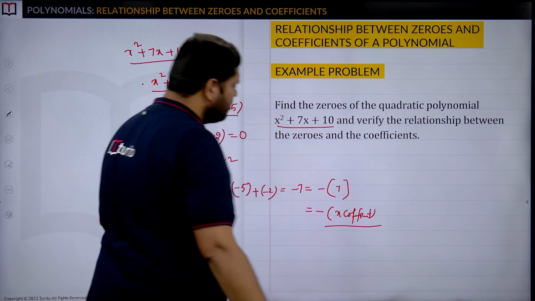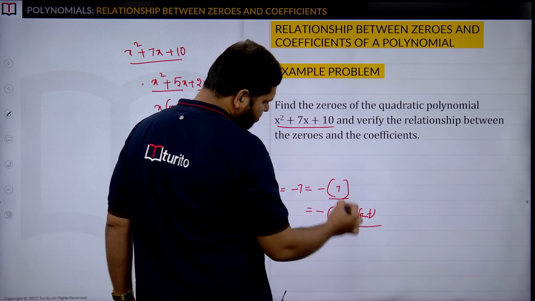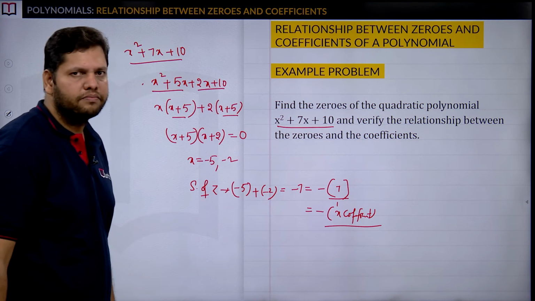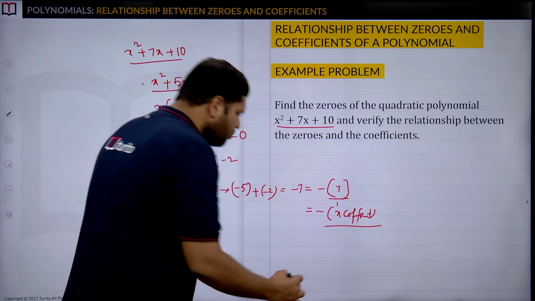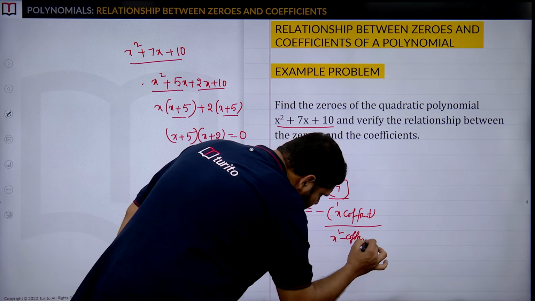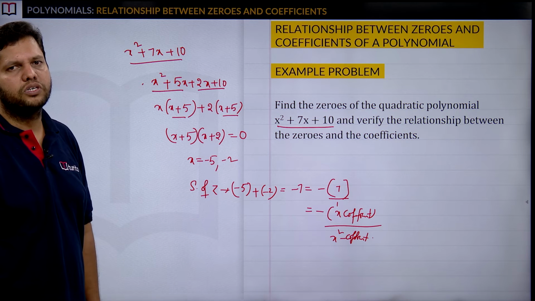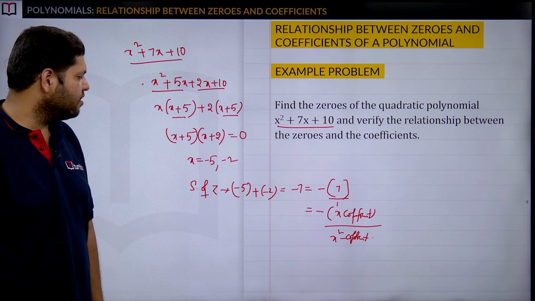And divided by, children, I can write this also as 1. Divided by 1. So, 1 is what again? We can say x square coefficient. Clear? Minus x coefficient by x square coefficient. That is the sum of the zeros.